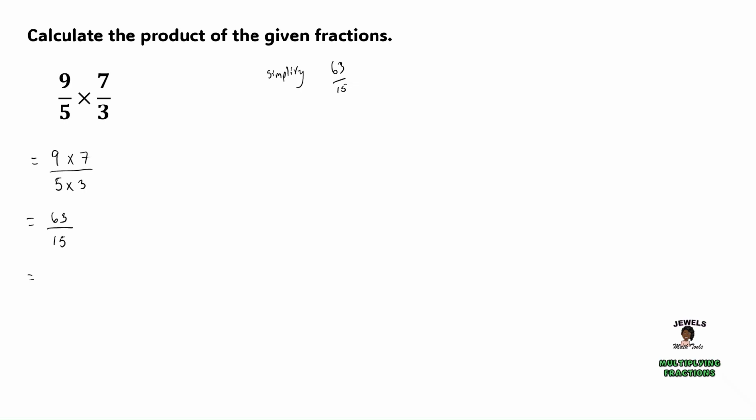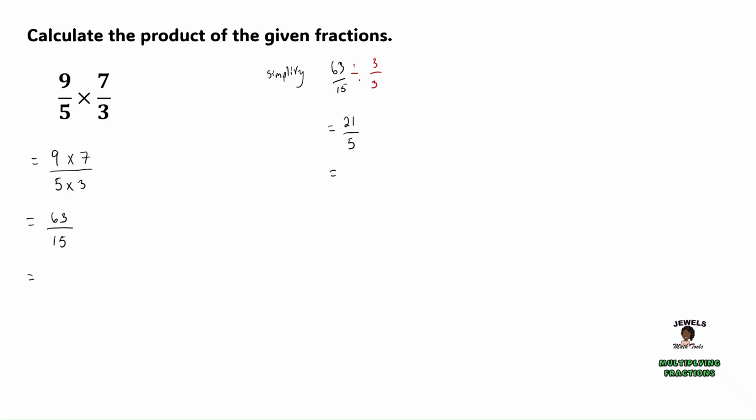And since both of these numbers are multiples of 3, that means that I can reduce both parts of this fraction by dividing my numerator and my denominator by the number 3. So when 3 divides into 63, this is going to equal 21. And when 15 is divided by 3, this will equal 5.